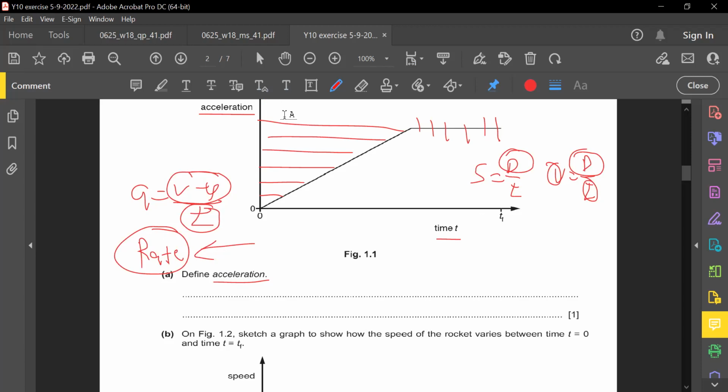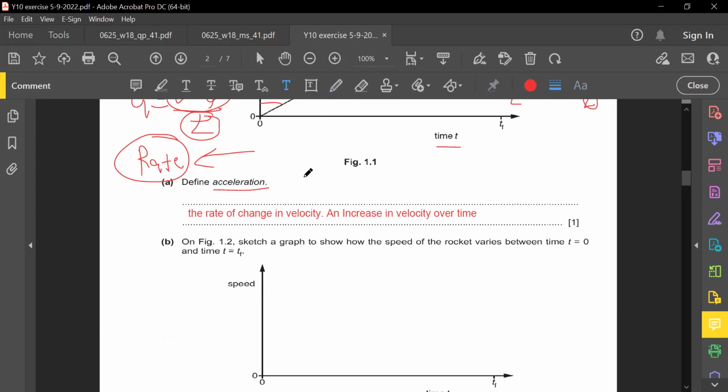So from here, my answer would have been the rate of change in velocity. Or you could have written an increase in velocity over time, or anything along the lines. You could say the increasing speed over time, or whatever defines acceleration. Okay, doesn't matter.